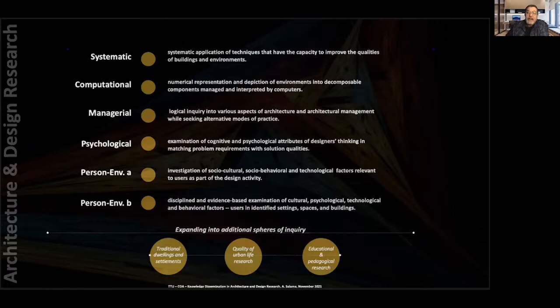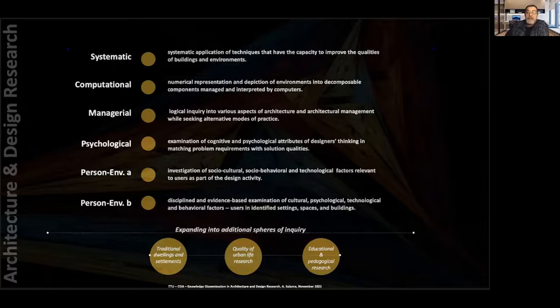There are areas or types that continue to evolve. Some of these are evolving and generating new research forms and new research typologies, but they have expanded into growing spheres of inquiry, including, for example, examining urban traditions through traditional dwellings and settlements research, trying to learn from the past in a more structured and rigorous way.